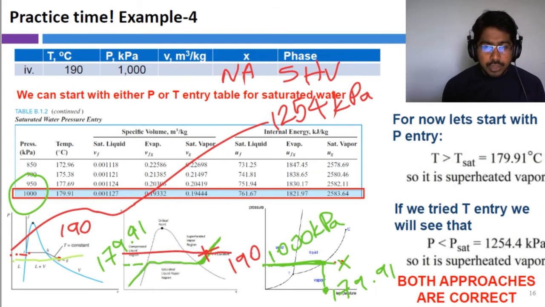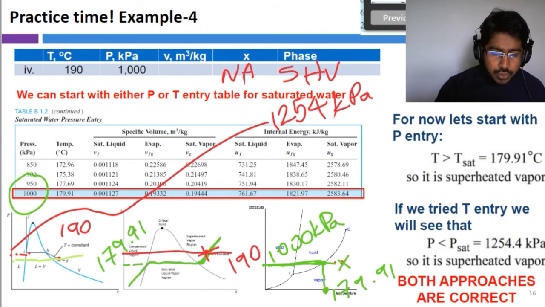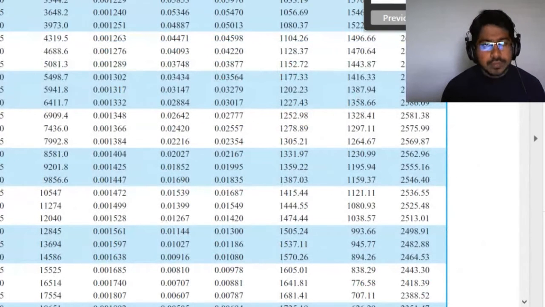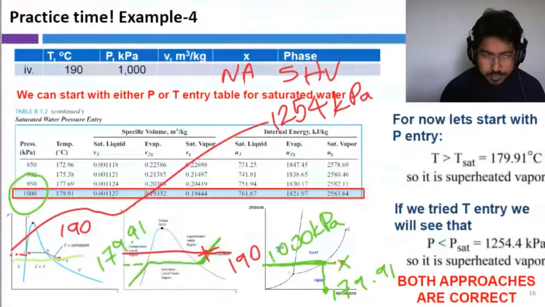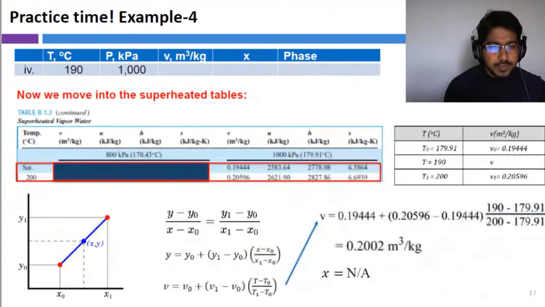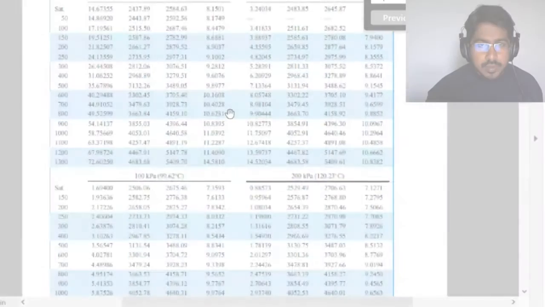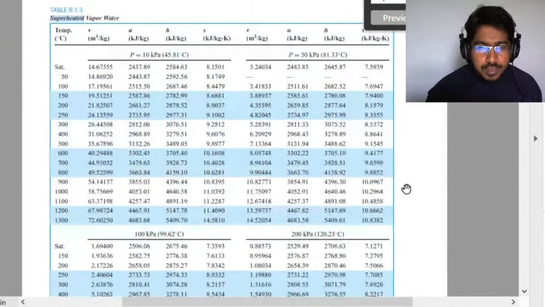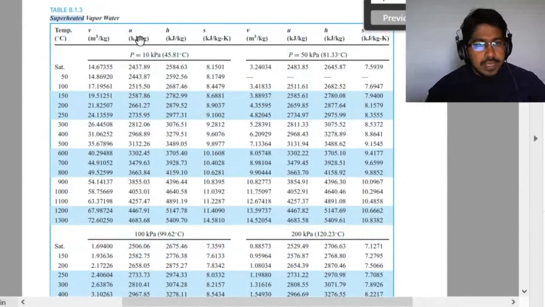We have to jump into the superheated vapor tables in order to find this one, right? So I want all of you to go into your table set and find the superheated vapor tables for water, and try to locate your condition. You can see these are your superheated vapor tables.